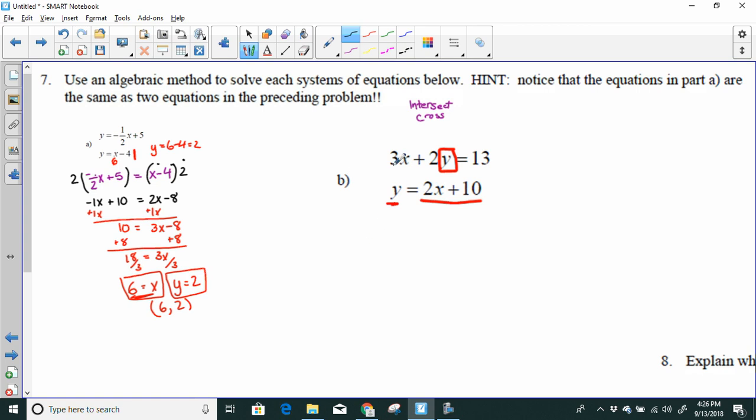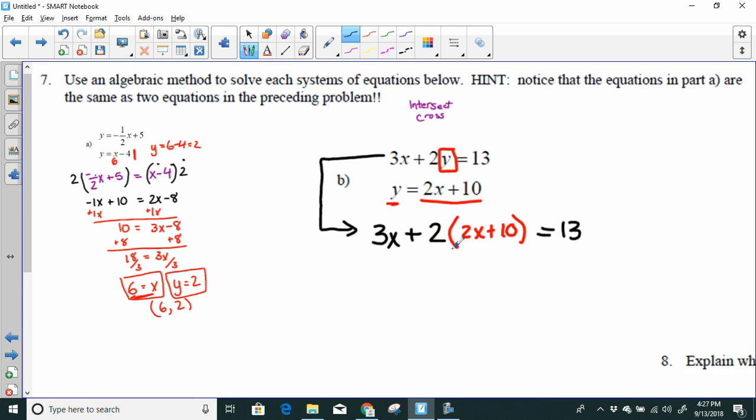So I would write a new equation, rewriting this equation up top: 3x plus 2, and now I'll replace this y with 2x plus 10, equals 13.